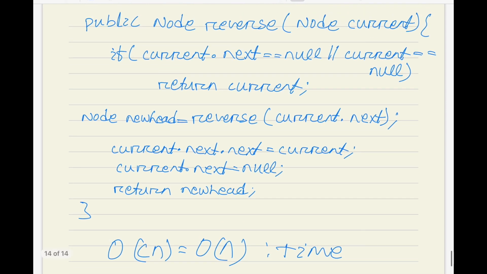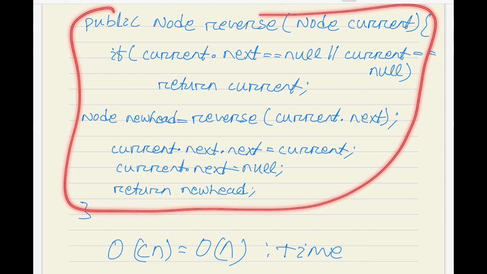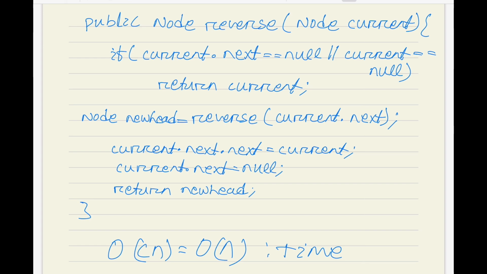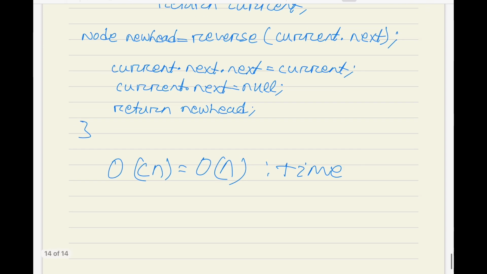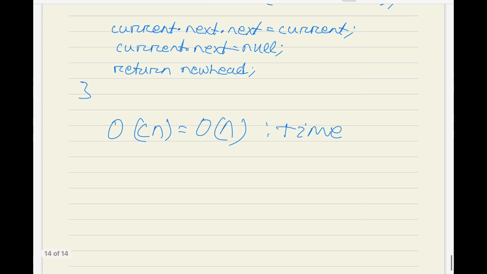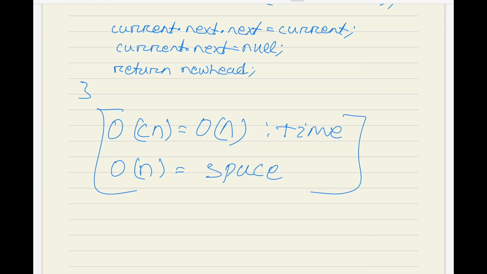Now what will be the space complexity? So here you can observe we are using recursion, and the recursion method uses a stack for its implementation, and we need a stack of size order of n for this. So here the space complexity is also order of n for the use of stack.